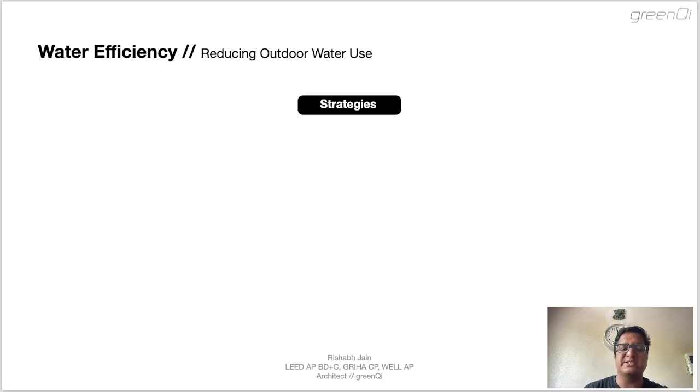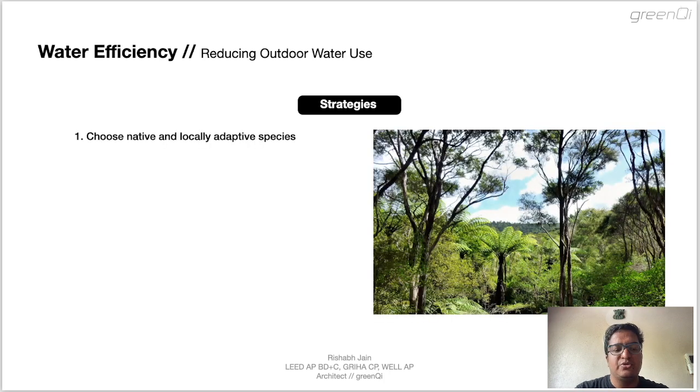So the first strategy would be to choose native and locally adaptive species. When we are planting trees or shrubs, it is always better to put species that are native to that place because they're already accustomed to the local temperatures, humidity, annual rainfall, and they are most likely to survive naturally after a certain time.